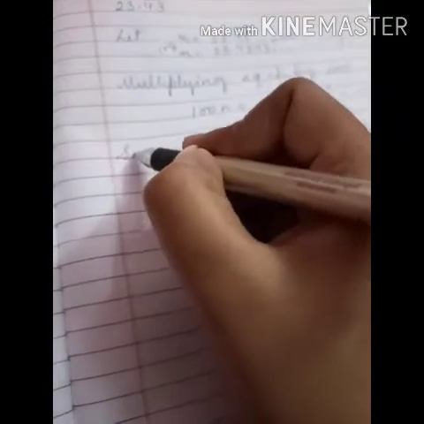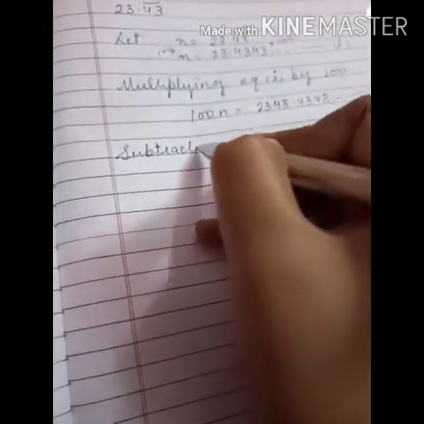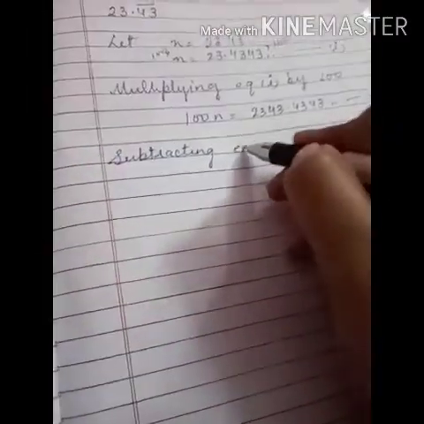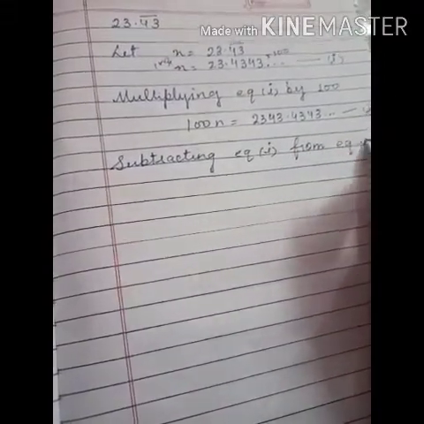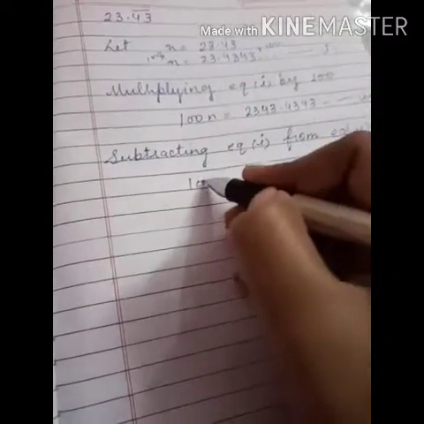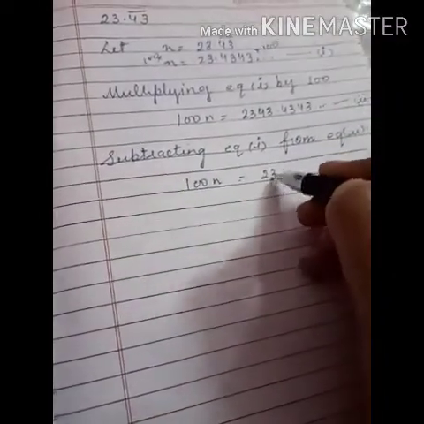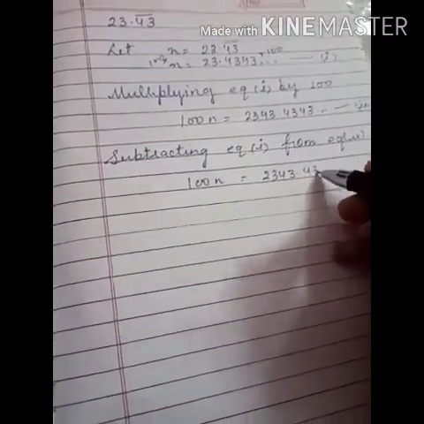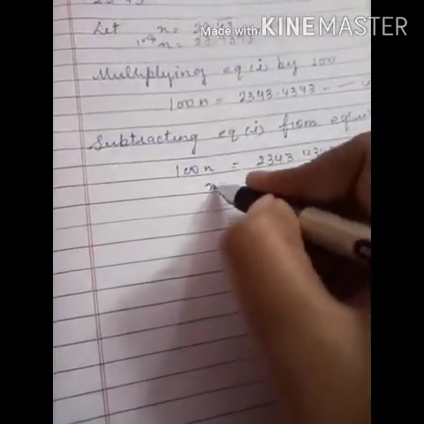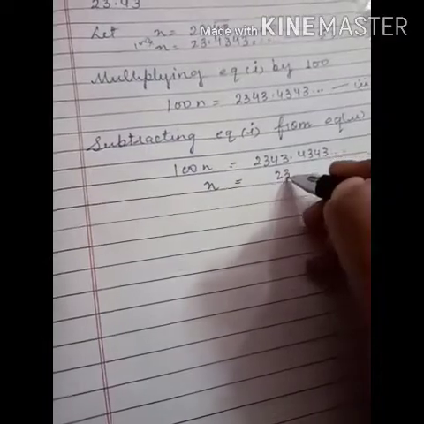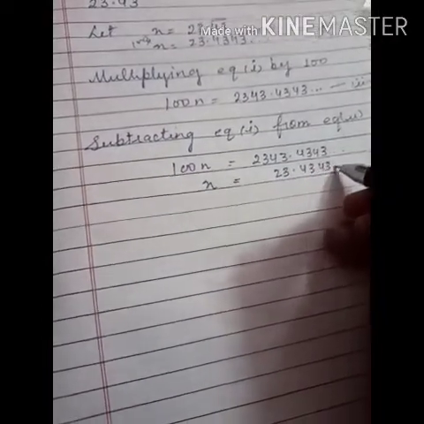Now subtracting equation 1 from equation 2. 100n equals 2343.4343 and so on, and here n equals 23.4343 and so on.